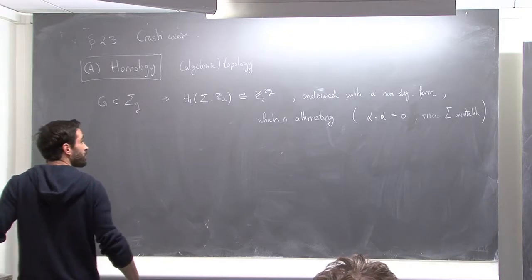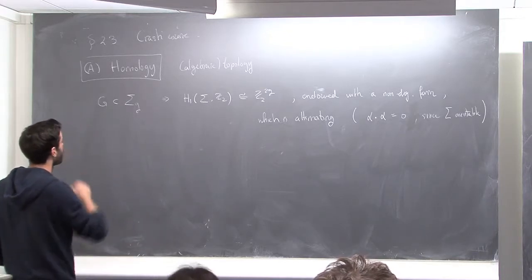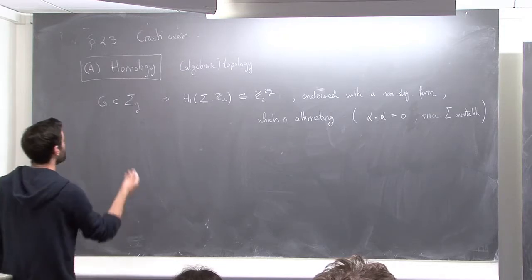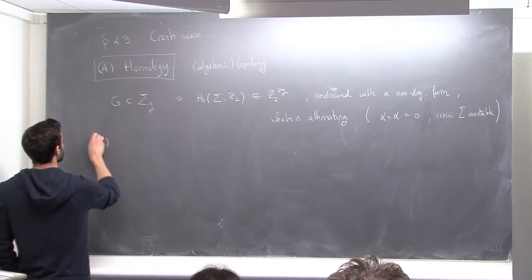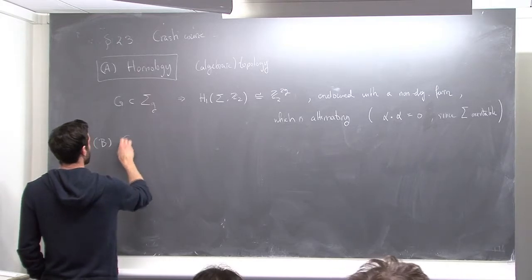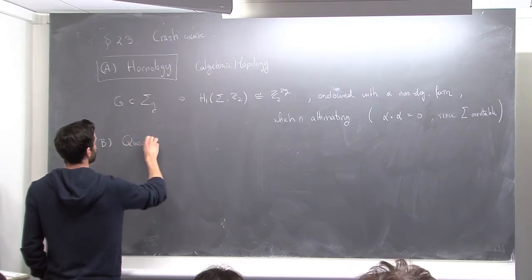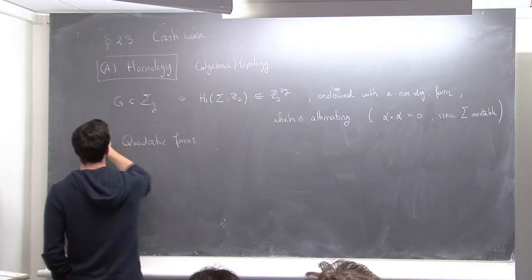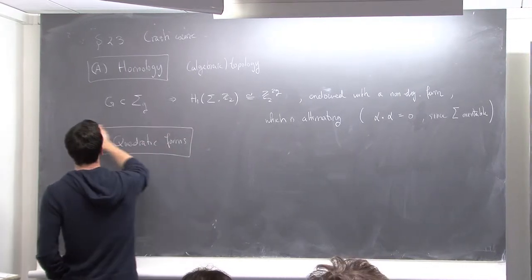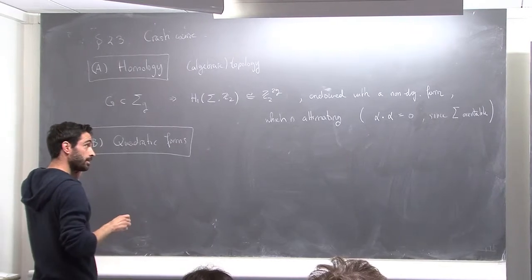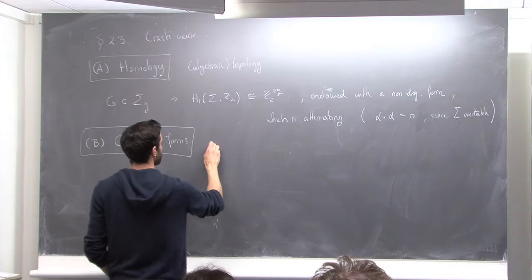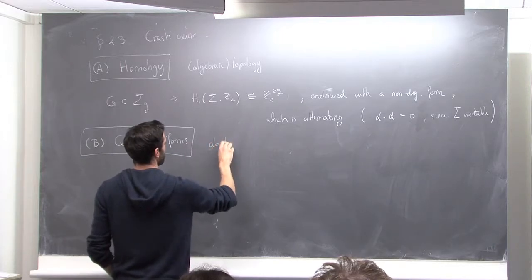So this is a very rough summary of what I said about homology, which was already kind of a rough summary of the theory. And I had just started a part about quadratic forms. So here the setting is exactly the setting we have up there, but it's a purely algebraic setting.